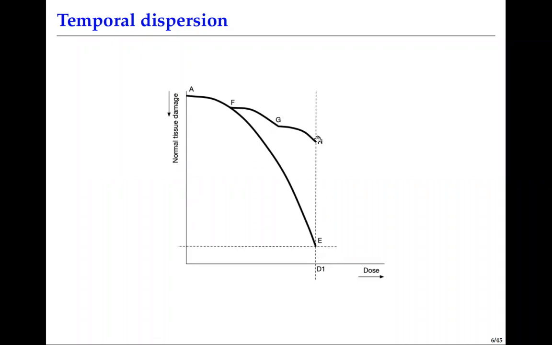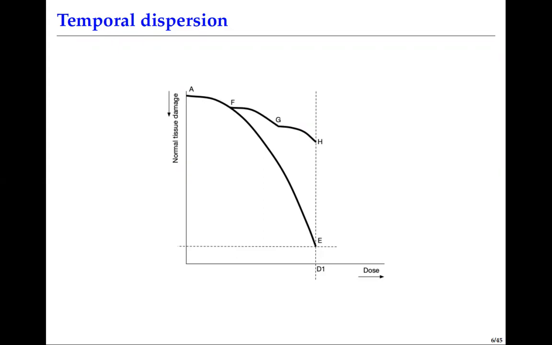And this is what we mean by saying that by breaking the dose down, or by doing temporal dispersion of dose, we'll be able to reduce damage done to the normal tissue for the same amount of total dose D1 in this particular case. Now, what I'm not showing in this picture is that the tumor is also going to have a similar sort of curve characterizing its behavior. And also the tumor is going to grow, so proliferate, over the treatment course.